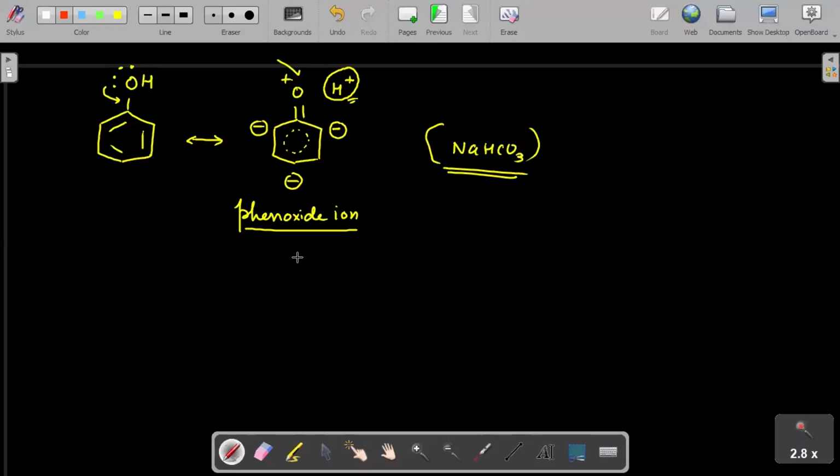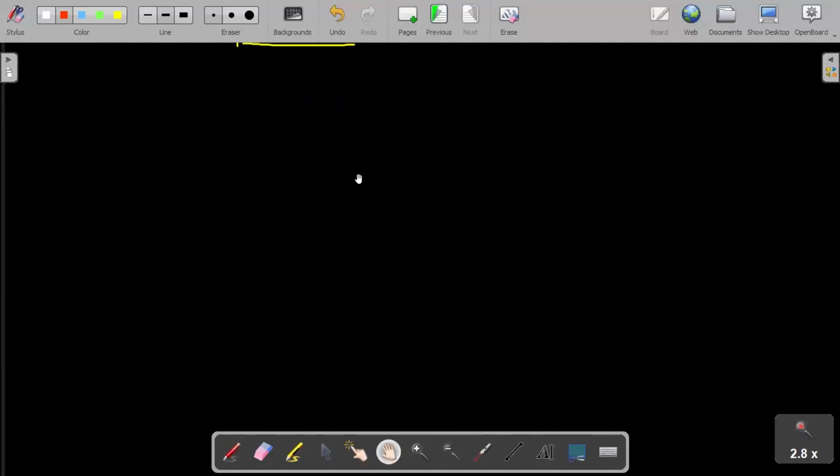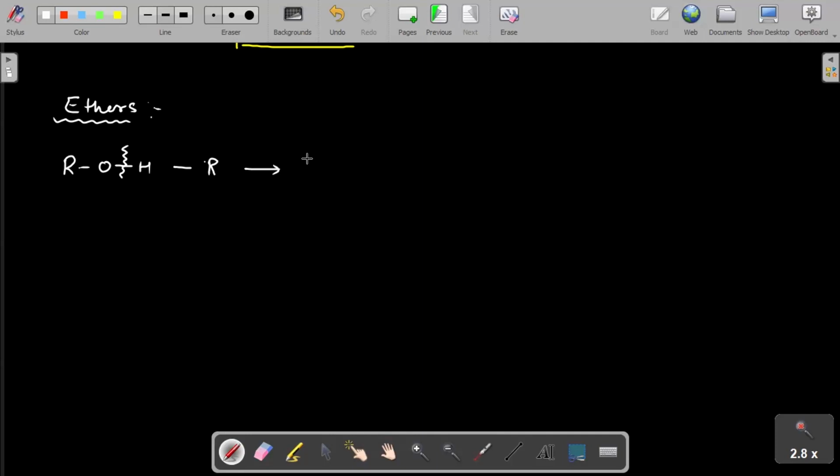How to prepare the ethers. Next topic. After the phenol, we now have ethers. Ethers can be prepared by reacting ROH, replacing it by an R group. What we get is the ROR group.